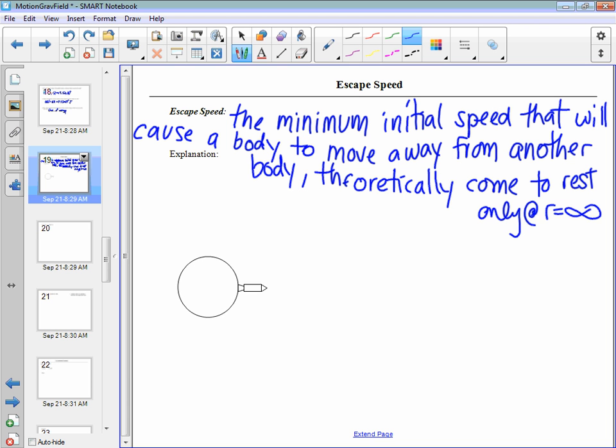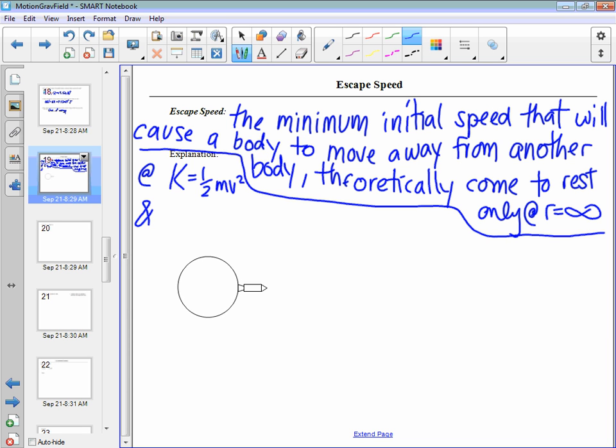So the idea here, the explanation that I'm going to give, is that we have a body that leaves the surface of another body with an escape speed v, right? So at v, it has kinetic energy equal to 1/2 mv squared, okay? And therefore, at that initial place, the gravitational potential energy is given by this.